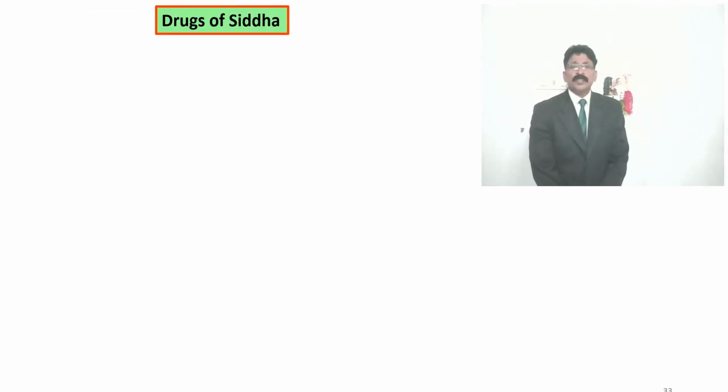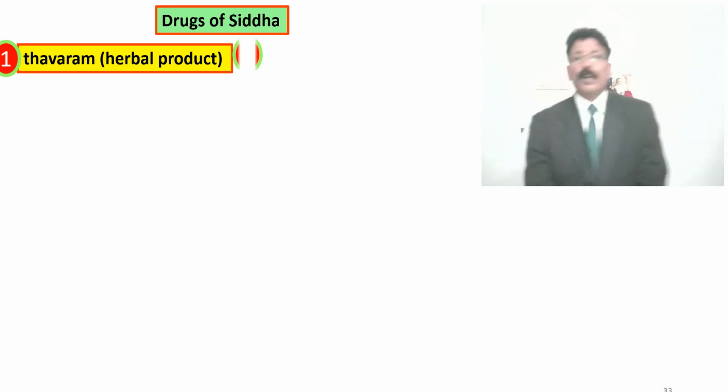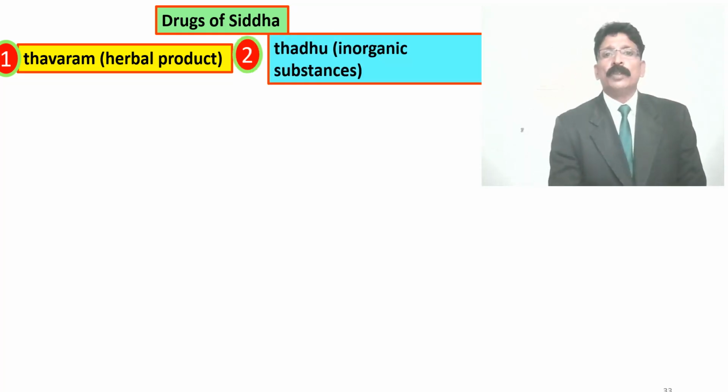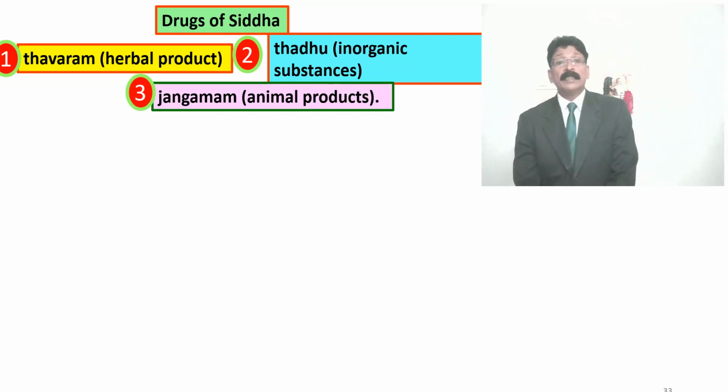So drugs in Siddha, we should know that number 1, Thavaram, herbal products. Number 2, Thadu, inorganic substances. Number 3, Jangamam, animal products.